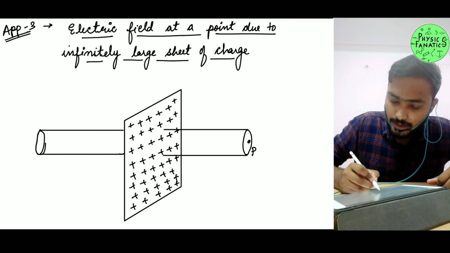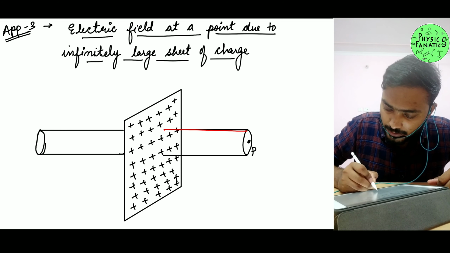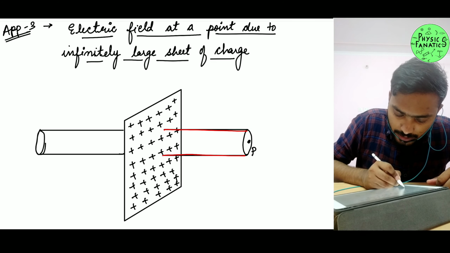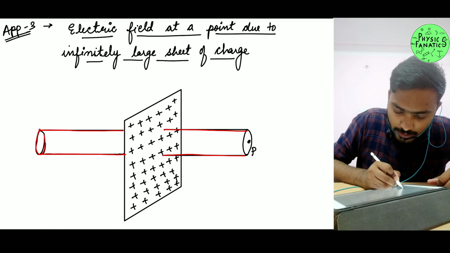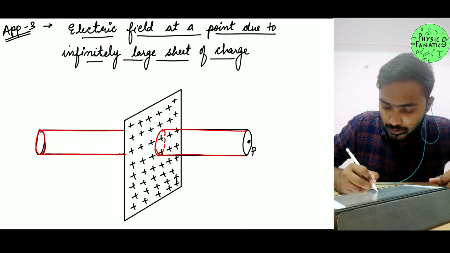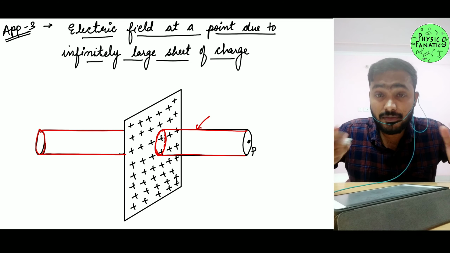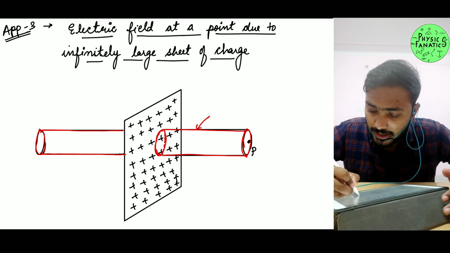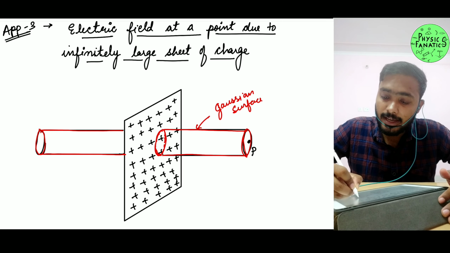Let me just draw it differently so that you guys can see that. So here is my Gaussian surface, which has my point P. Let me call it S.